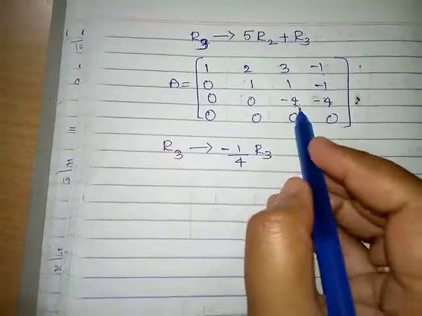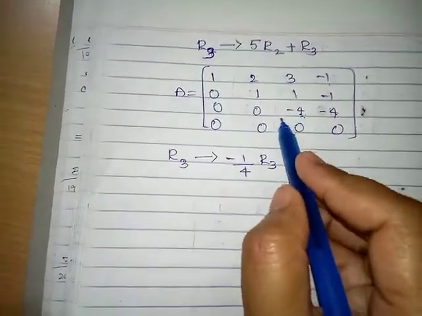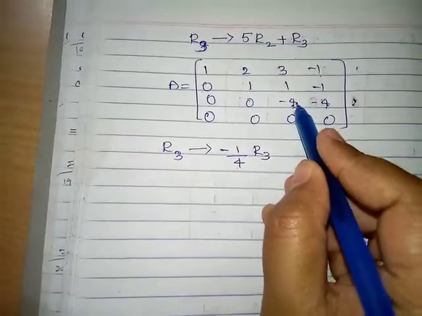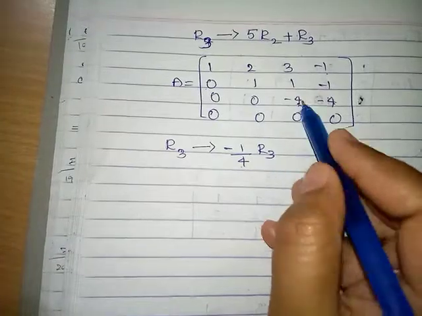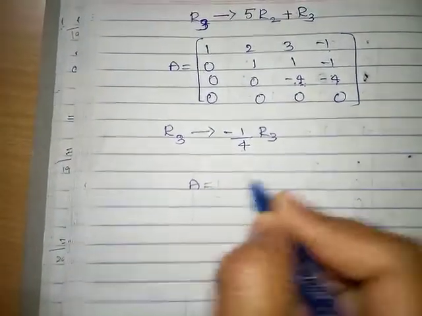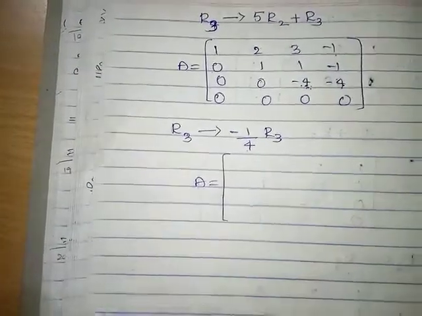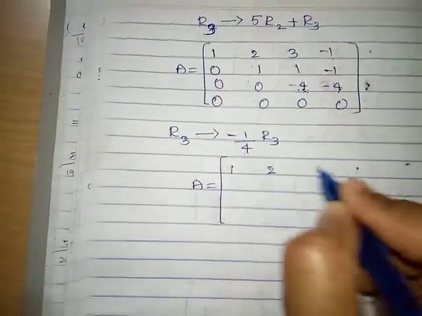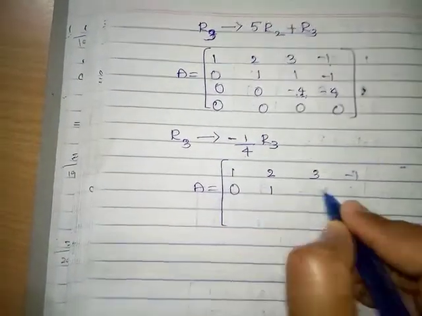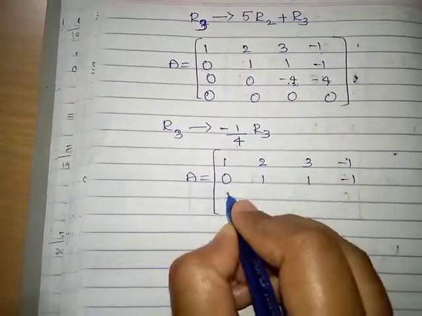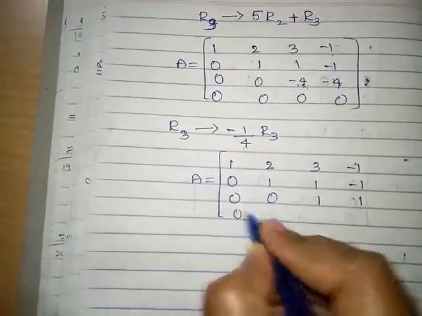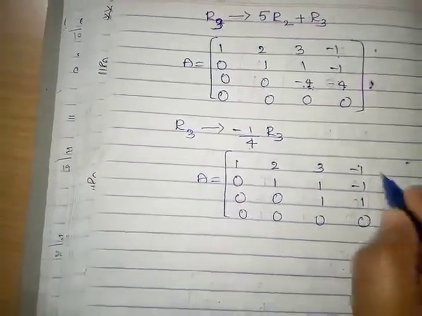See, when we apply this to R3, minus 1 by 4 into 4 is minus into minus, plus. 4 by 4 means 1, the 4s get cancelled. We will get 1 here. See, A is equal to 1 2 3 minus 1, 0 1 1 minus 1, 0 0 1 1, and the last row is 0.